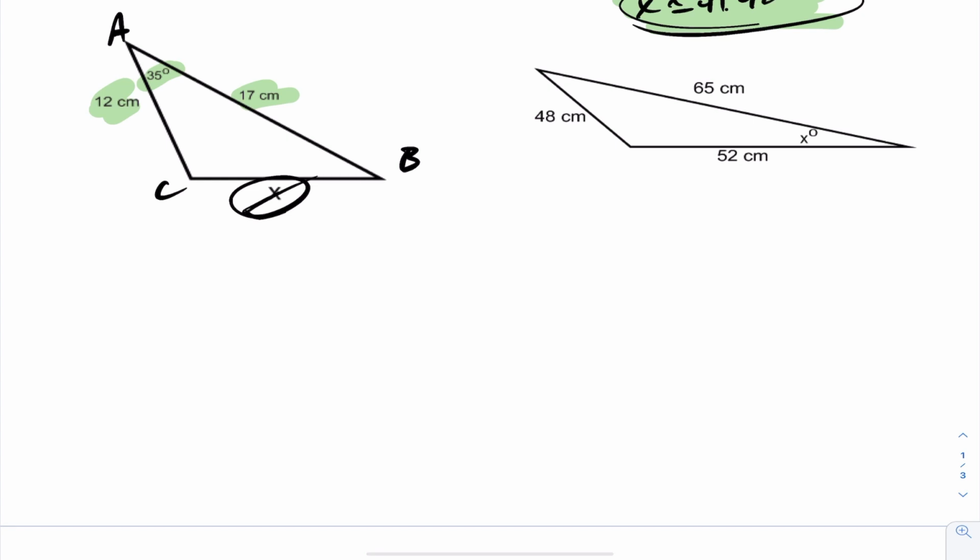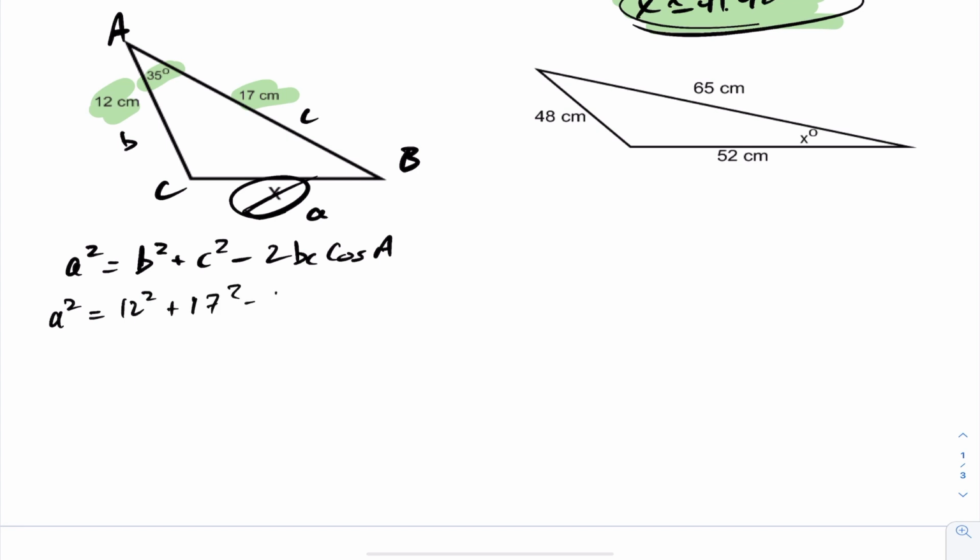So instead of solving for length x, we're going to call that lowercase a, lowercase b, lowercase c, in which case I'm going to use the formula a squared equals the sum of the squares of the other legs of the triangle minus twice their product times the cos of angle A. In which case here we get a squared equals 12 squared plus 17 squared minus 2 times 12 times 17 times the cos of 35 degrees.